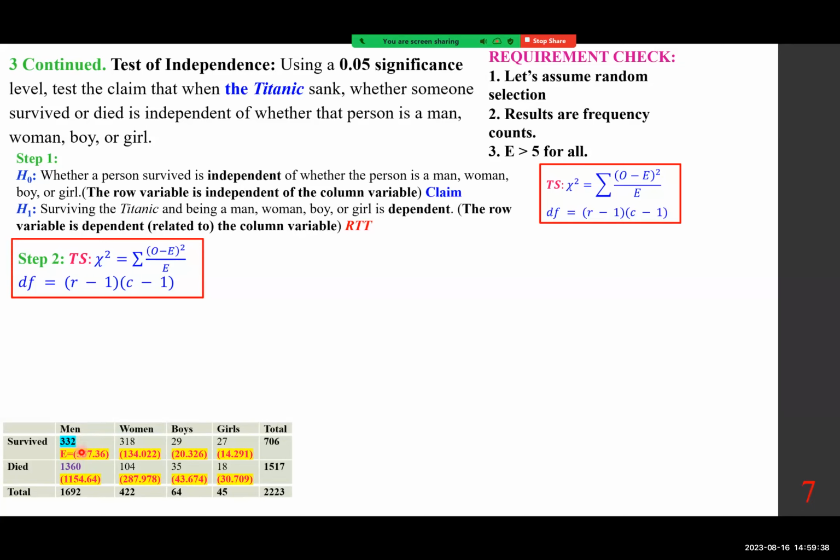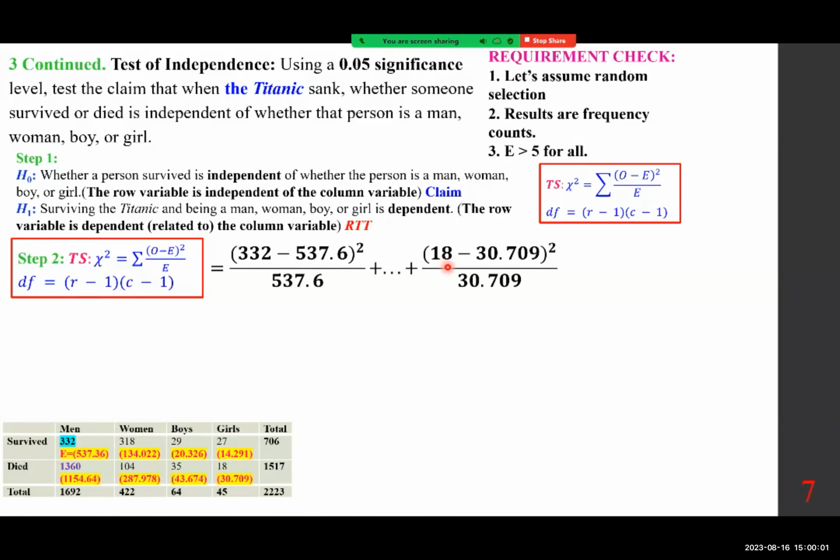So this is O, this is E. The second one would be (318 minus 134.022) squared divided by 134.022. You do the same thing here, here, here, here, here. And the last one, plus (18 minus 30.709) squared divided by the expected value 30.709.